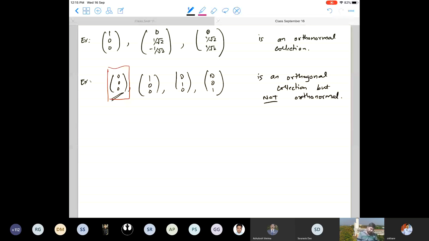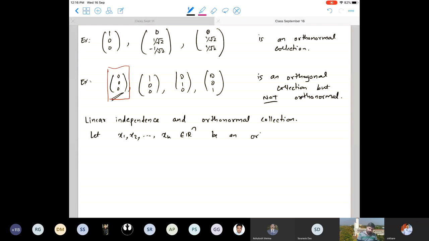So the first thing that we will observe is linear independence and orthonormal vectors. That's the first thing we want to understand. So let x1, x2, ..., xk in Rn be an orthonormal collection.